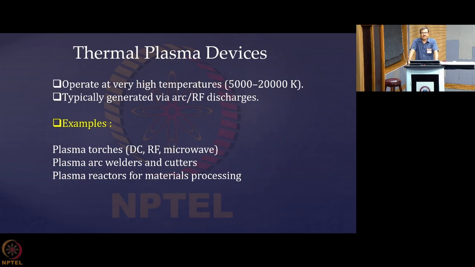Now usually we generate the thermal plasma using radio frequency discharges or arc plasma devices. Some of the applications are plasma torches, DC, RF devices, and arc welding, cutting, then plasma reactors for material processing, where we are directly using the arc to melt materials, all these things.